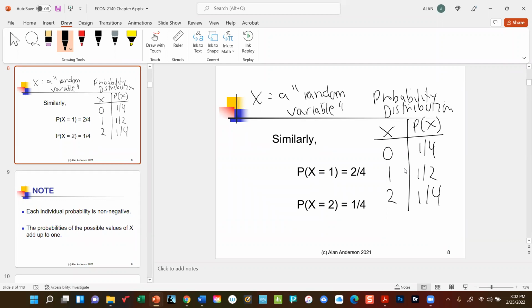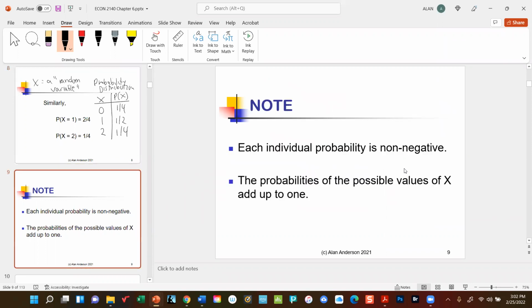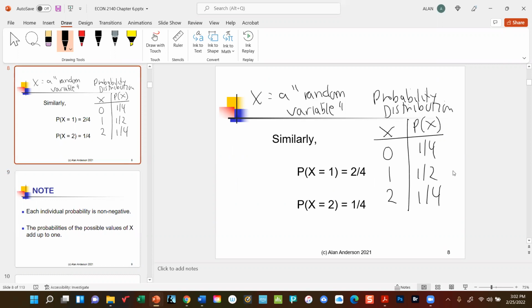All probability distributions must have probabilities that are non-negative. And furthermore, the sum of these probabilities has to be exactly 1. That's all we have to choose from. Anything else is not considered to be a probability distribution. With those being established, then we can use these distributions to come up with important results.